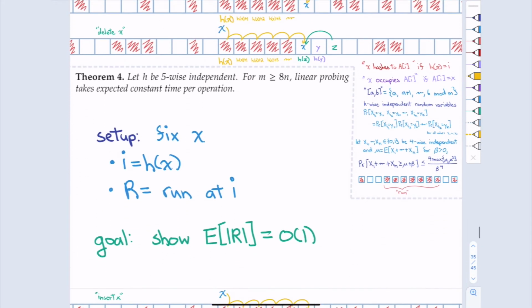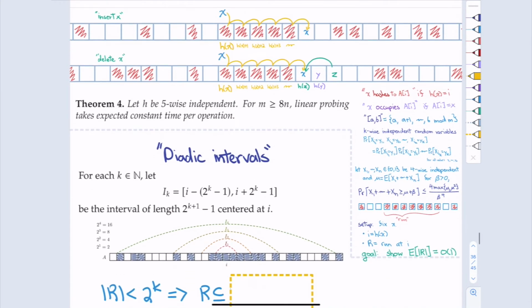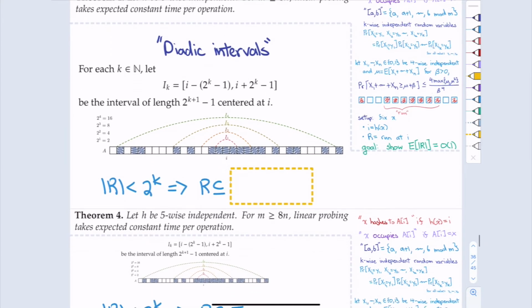So that's why we're going to use this very nice trick, where rather than worrying about all lengths, we're going to bucket and only worry about certain powers of 2. This kind of doubling trick is not uncommon when trying to prove some things. And hopefully by the end of the proof, we'll see why it was useful to have done this in hindsight.